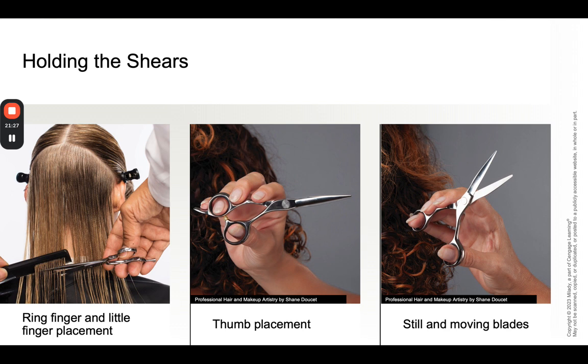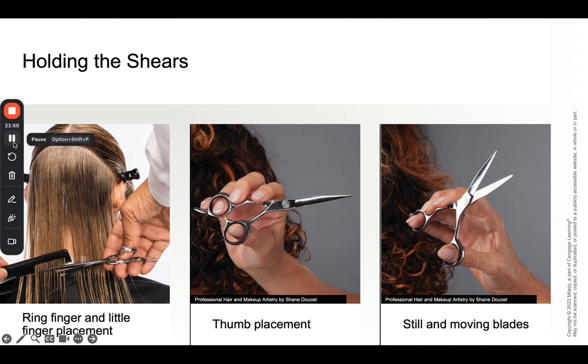And your pinky rests on that tang, as you can see in the pictures here. And then your thumb goes into the bottom hole or the thumb hole, and that is actually your moving blade. So when you're cutting, what you're really working is your thumb. Your ring finger and pinky finger are resting on the top of your shears.